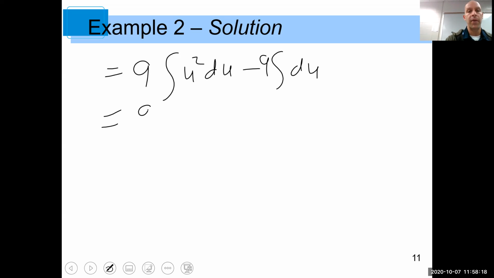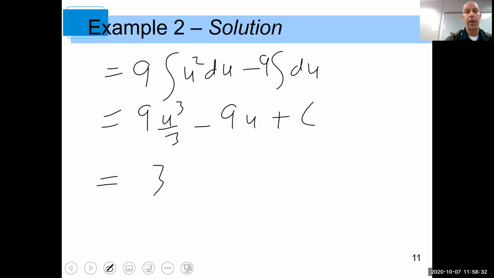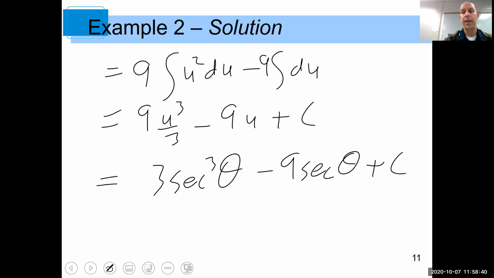So this is going to become 9u to the third over 3, and then minus 9u, plus c. But don't forget that u was secant theta. And so we're going to end up with 3 secant cubed theta minus 9 secant theta plus c.